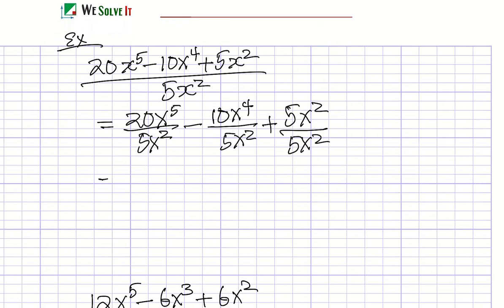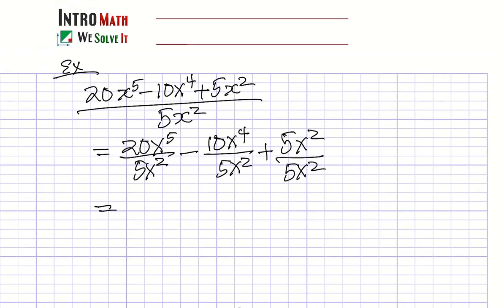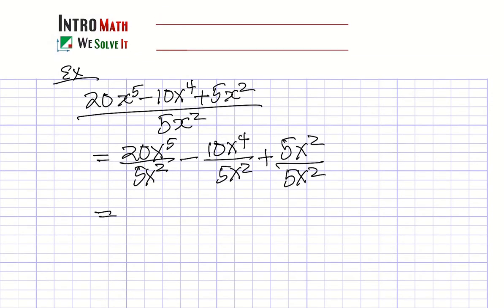Okay. So you simplify. Look at that. 20 can be divided by 5. You get 4. Now look at the exponents. The variable on top has 5, and the x on the bottom has 2.